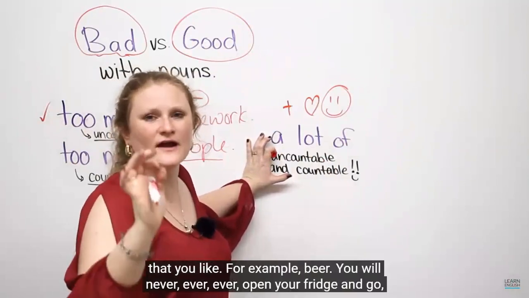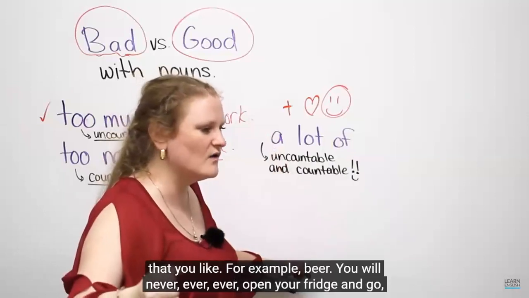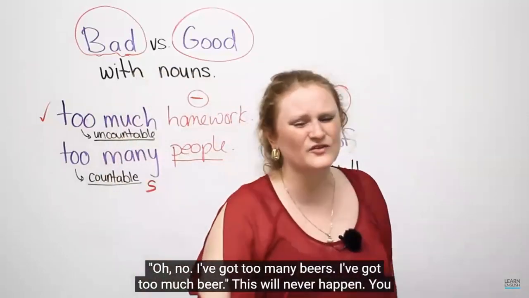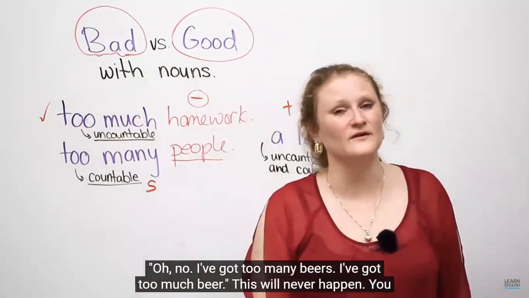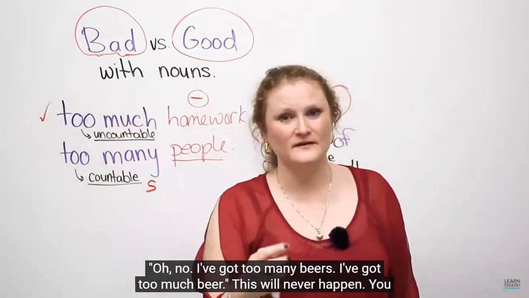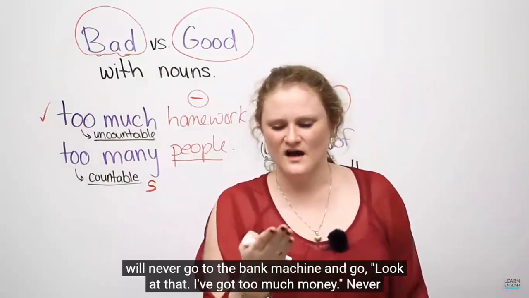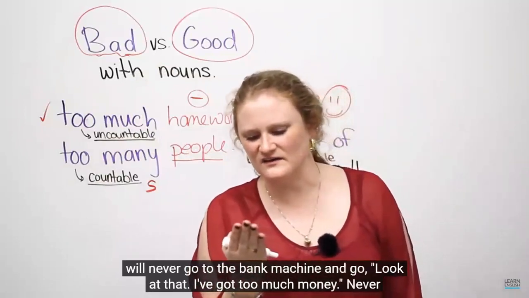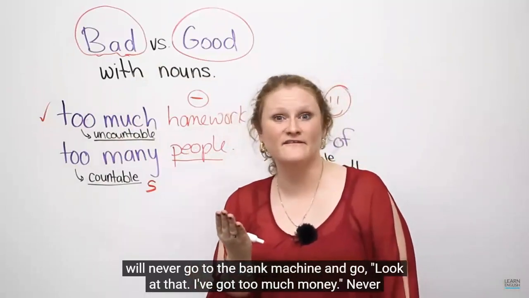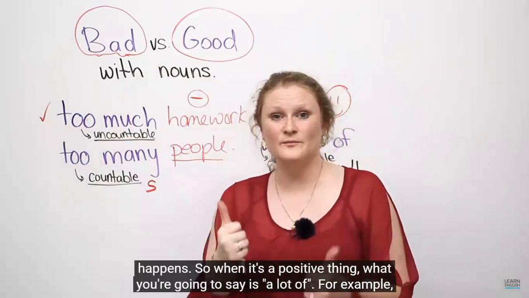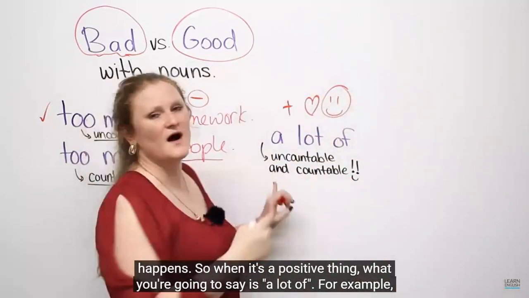You will never open your fridge and go, oh no, I've got too many beers. I've got too much beer. This will never happen. You will never go to the bank machine and go, oh, look at that. I've got too much money. Never happen. So when it's a positive thing, what you're going to say is a lot of.